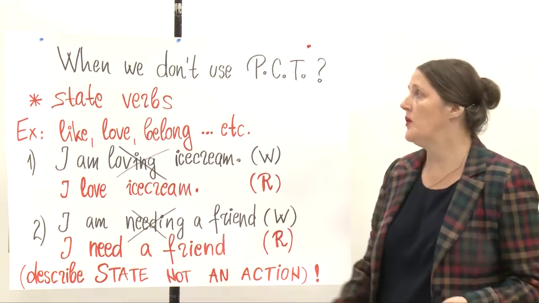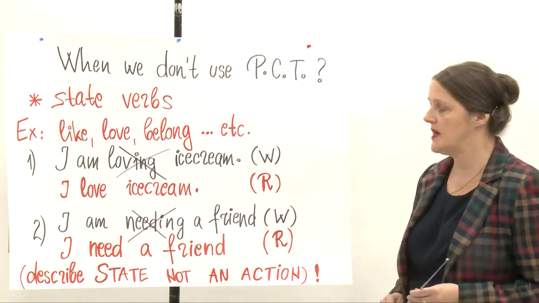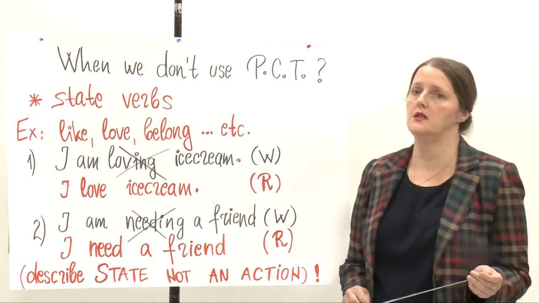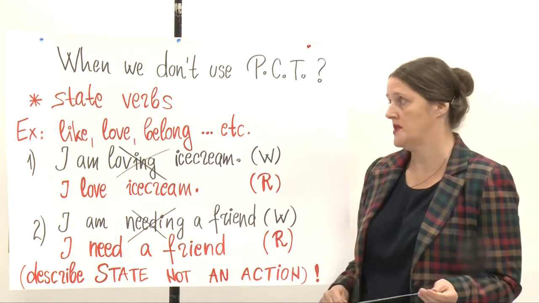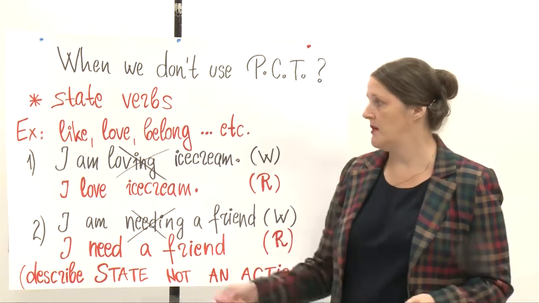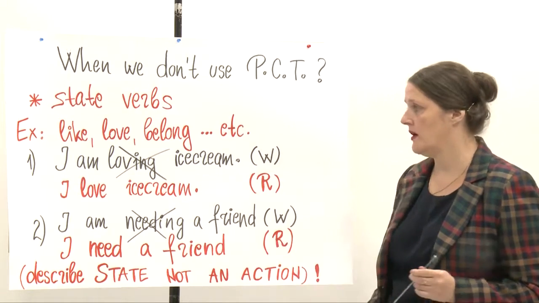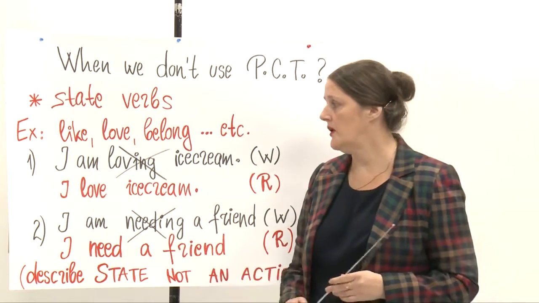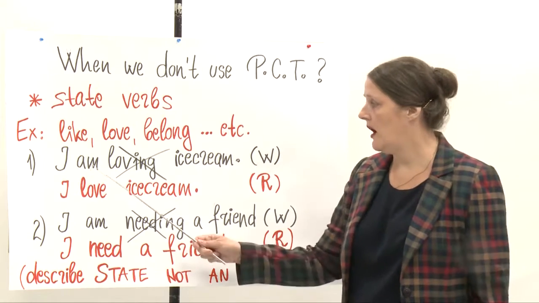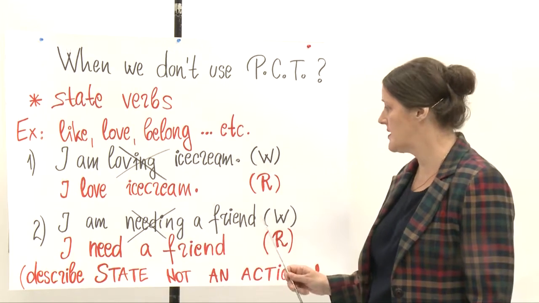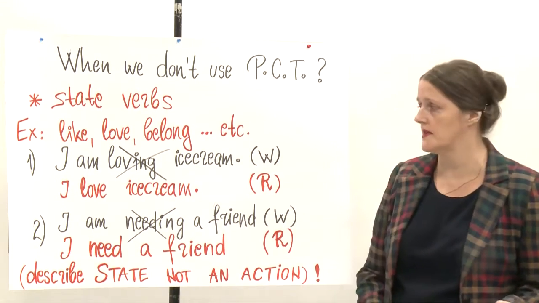And now, when we don't use present continuous tense. We don't use the present continuous tense with the state verbs, for example, like, love, belong, etc. First example, if we want to say, I am loving ice cream, we will make a wrong sentence.